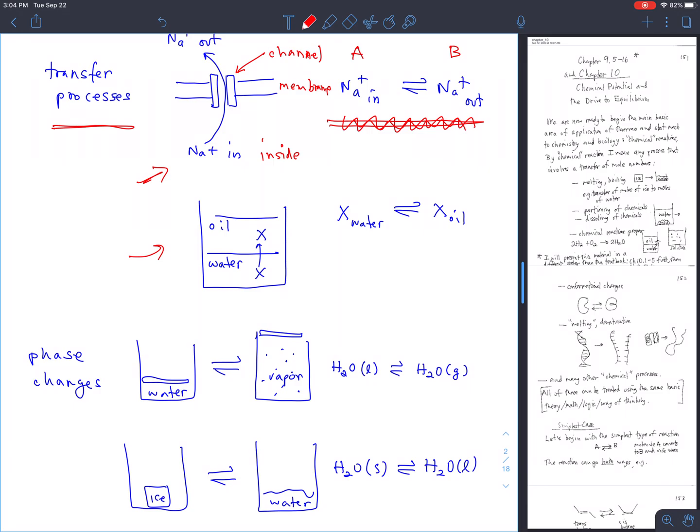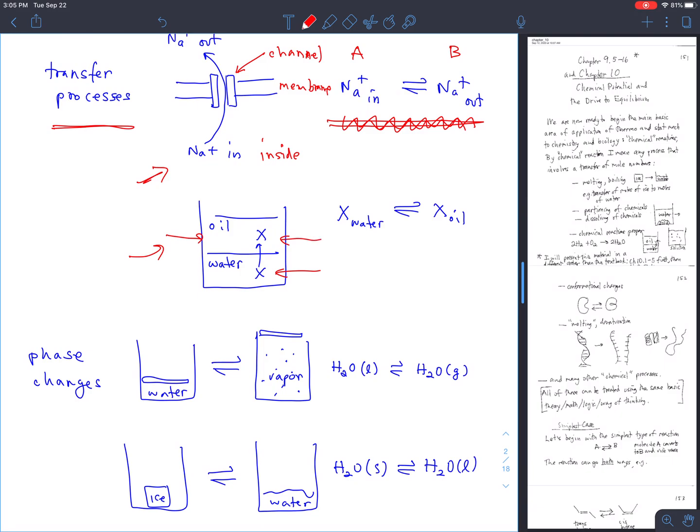Likewise, here's another type of transfer process. You have some molecule dissolved in water. There's a layer of oil or oily or hydrophobic solvent up on top of that, let's say hexane or something like that. And for one reason or another, to some extent or another, that dissolved molecule transfers itself from one phase to another.